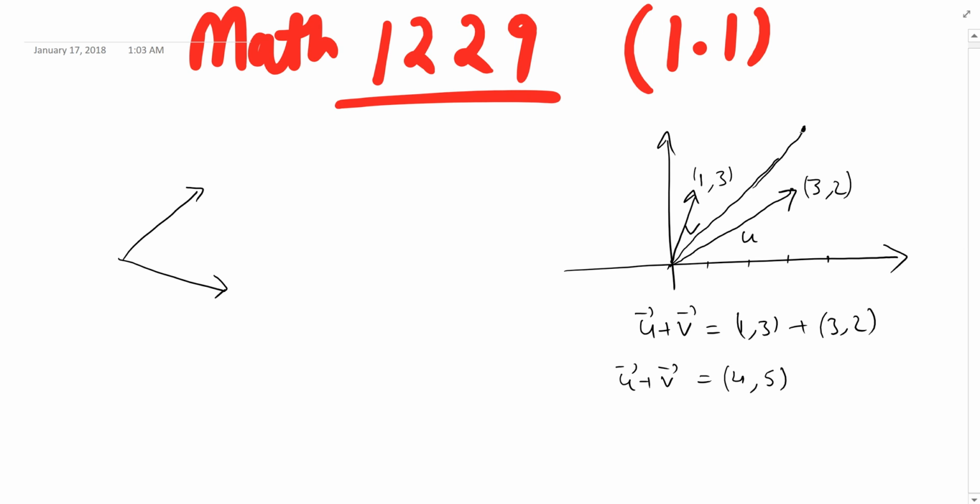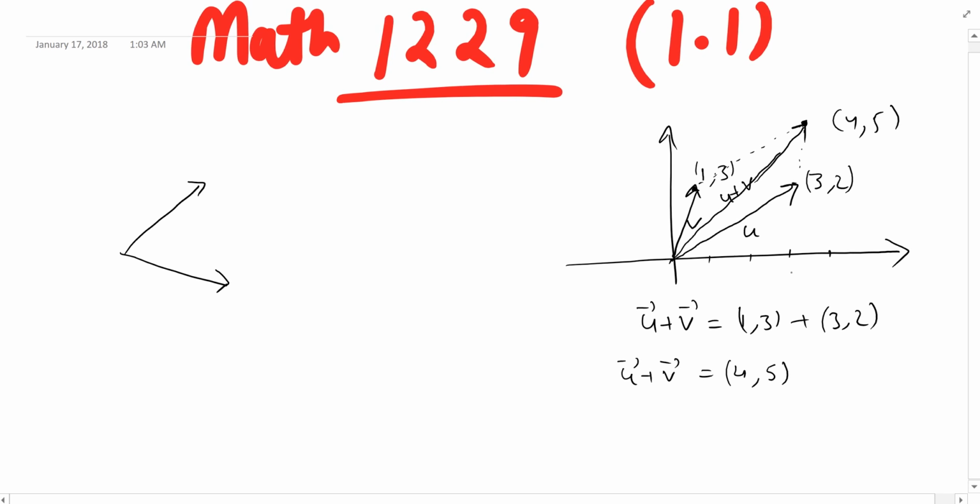And so it's going to be in the middle. Right here. So we already know that this is going to be the diagonal of this parallelogram that we have there. So this vector u, v, and the sum of them is in the middle, u plus v, and it's represented by this point, which is 4, 5, the same point.